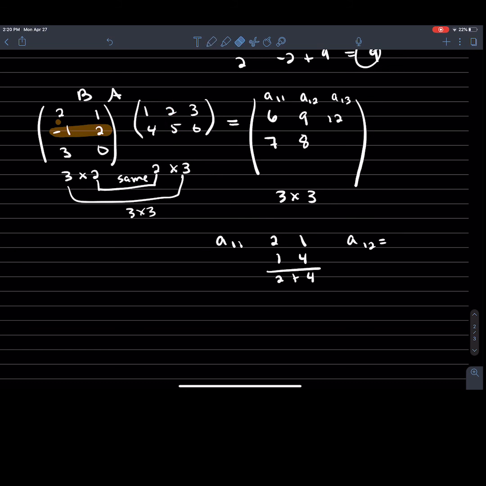I think these are easier to do in my head than the last one. Moving over to here, I get minus 3 plus 12, 9.